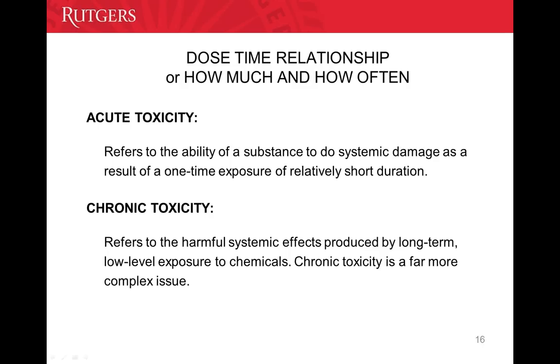So in toxicology, we pretty much do a dose-time relationship, which can more easily be described as how much and how often. And the 2 terms that we need to remember for our exam, of course, are acute toxicity and chronic toxicity. Acute, remember, refers to the ability of a substance to do systemic damage from a one-time, relatively short exposure.